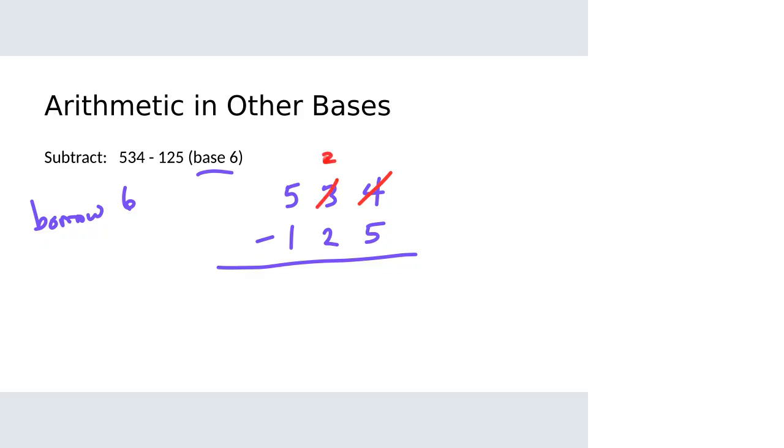This is going to go down by 1, but when I borrow, I'm borrowing 6. So this becomes 10. Then I can do 10 minus 5 is 5. That's perfectly okay. 2 minus 2 is 0. 5 minus 1 is 4. And end up with 405, base 6. Let me know if you have any question about that.